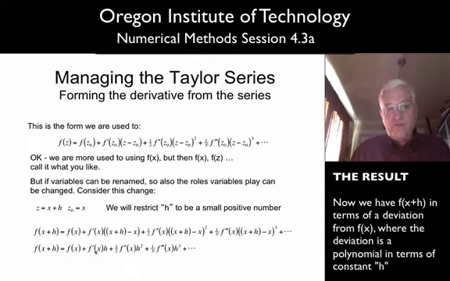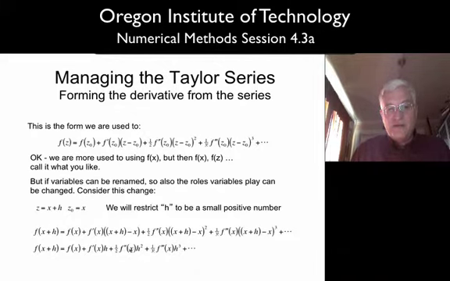We end up with f prime of x times h plus 1/2 f double prime of x times h squared, and the next term involves h cubed, because every single one of these parenthetical values has the x subtracting against itself, and so it disappears.